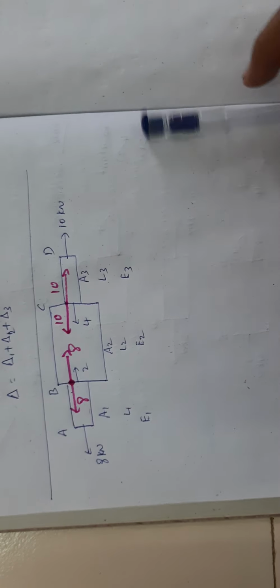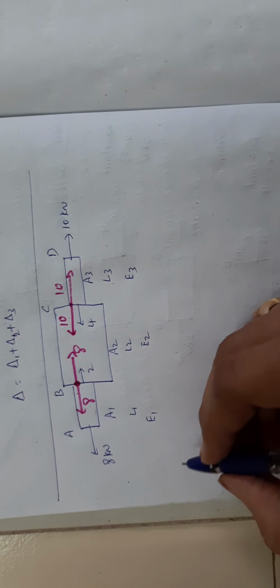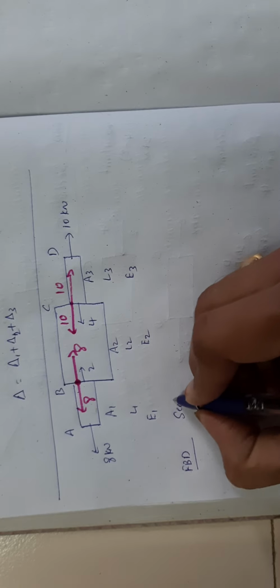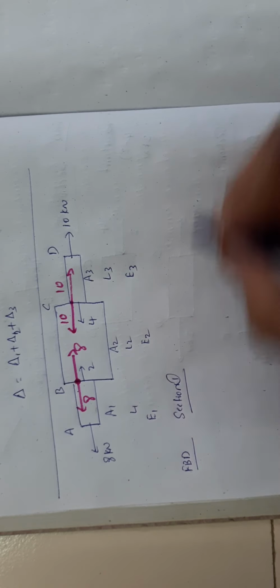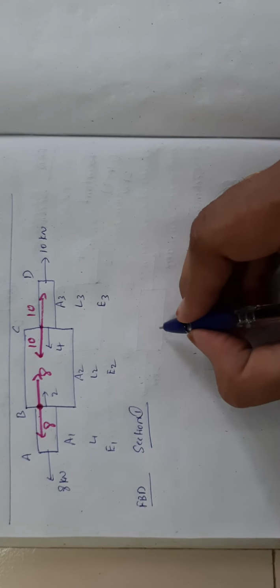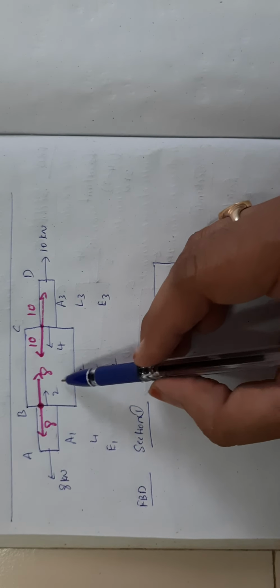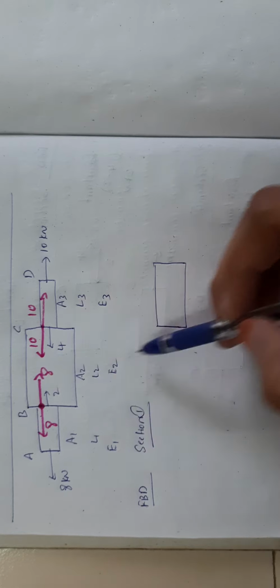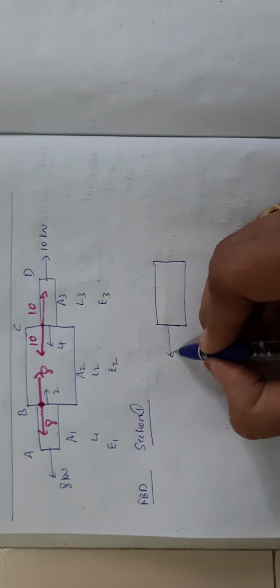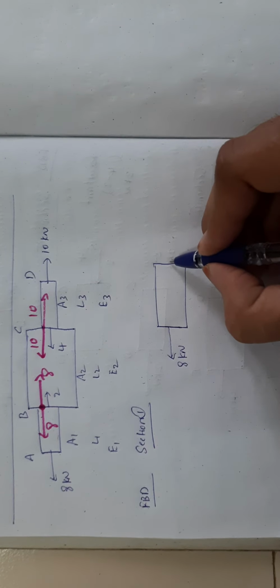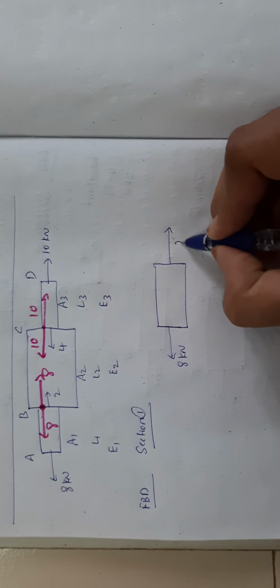Now go to the free body diagram of section 1. I'm just drawing section 1. In order to keep this under equilibrium, this side is 8 kilonewtons, which is already given, so this side also should be 8 kilonewtons.